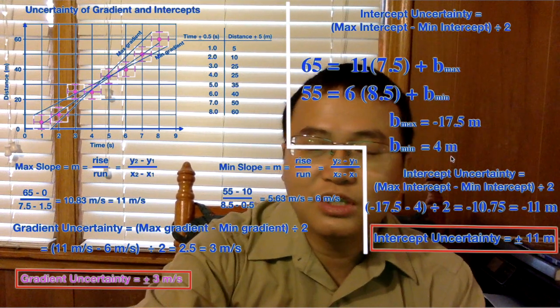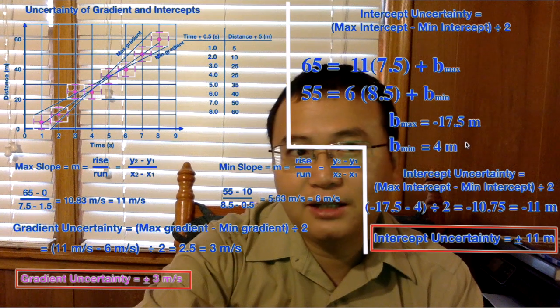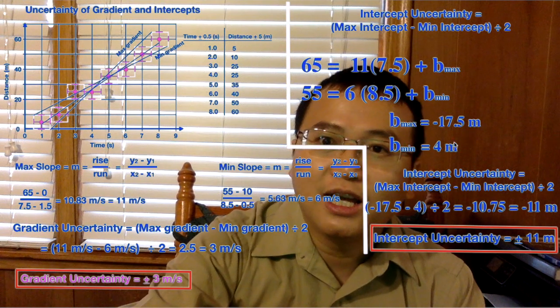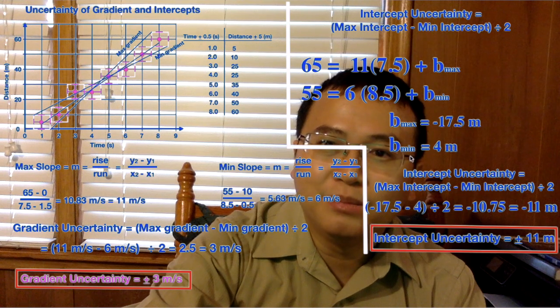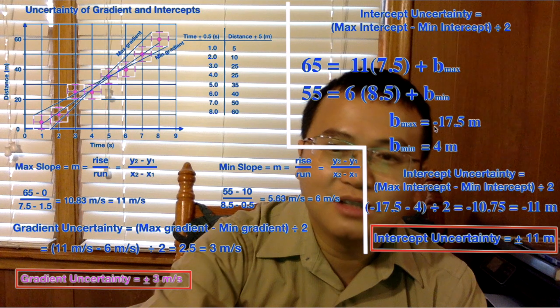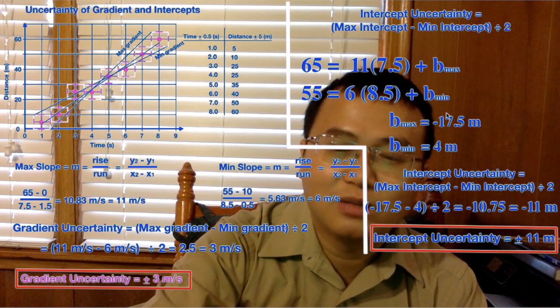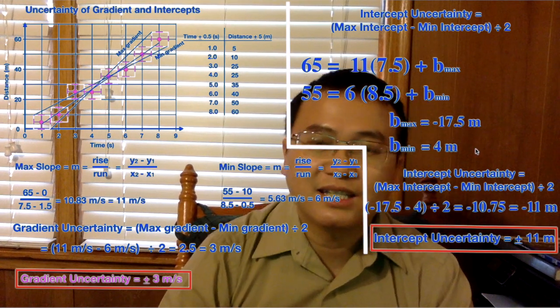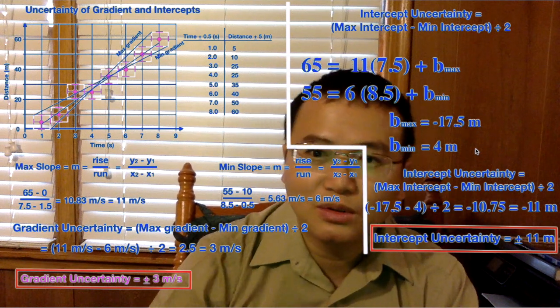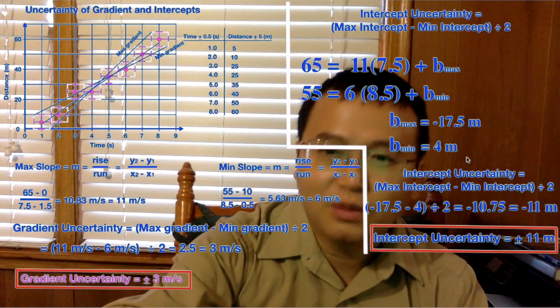For example, if you know for sure that the y-intercept should be 0, and 0 doesn't fall within the range between the maximum and the minimum, then you know there's some kind of systematic uncertainty going on, and you can go back and try to find what's wrong.